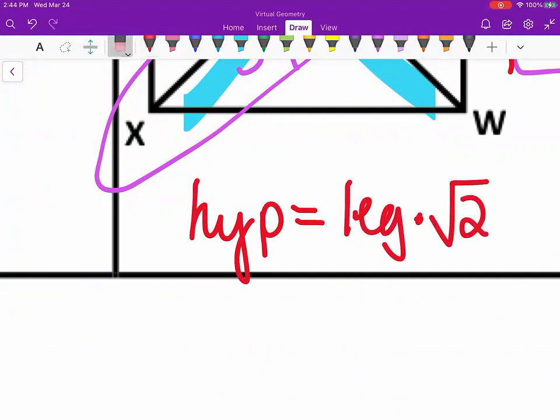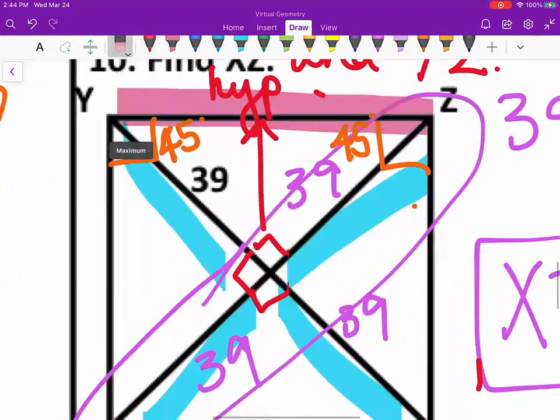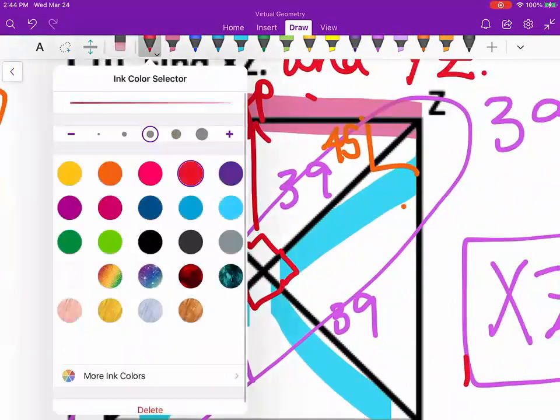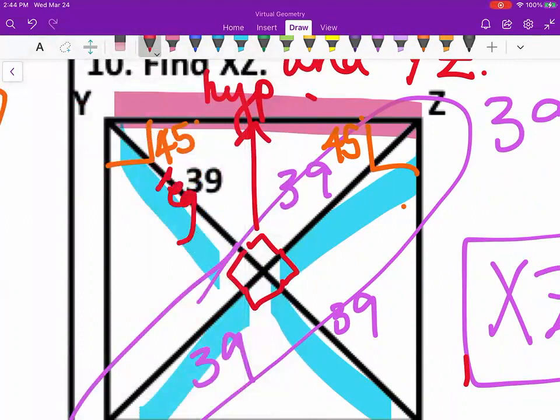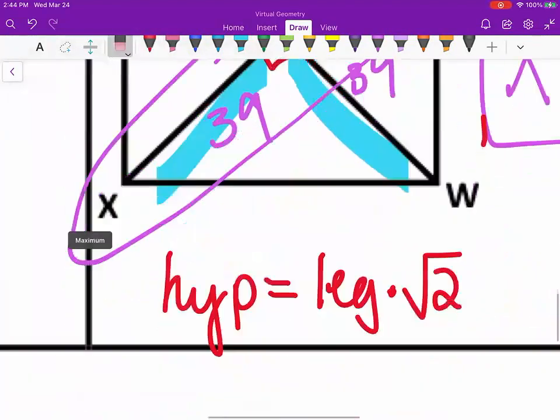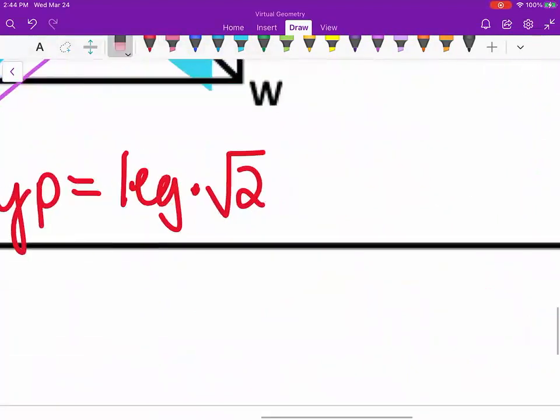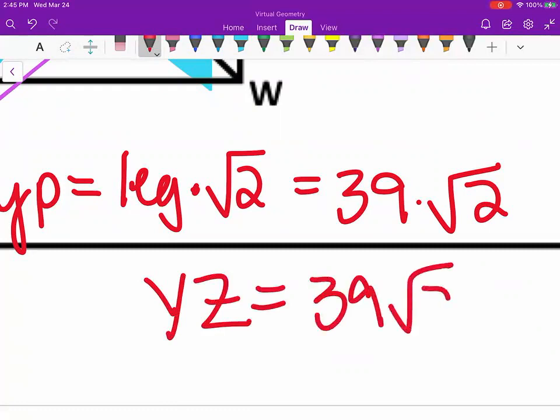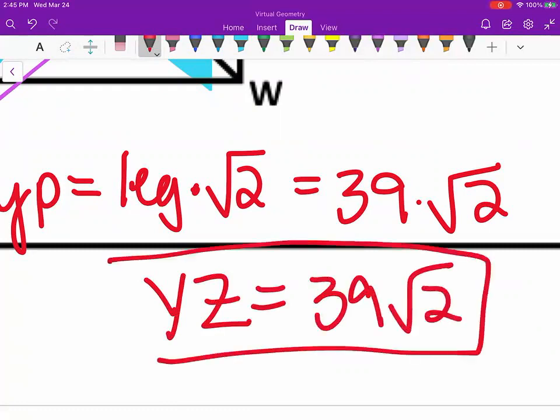Well, based off of this example, the legs for our triangle were the 39s. So then I'm looking at 39 times the square root of 2. So then YZ is 39 square root 2. And we're going to leave it like that.